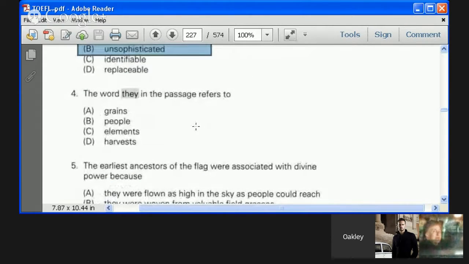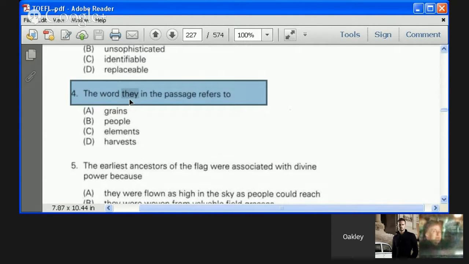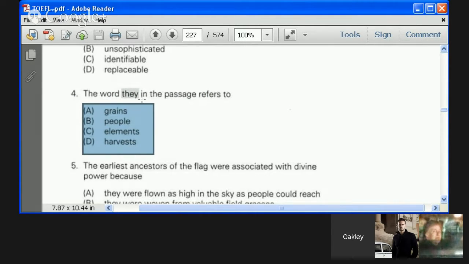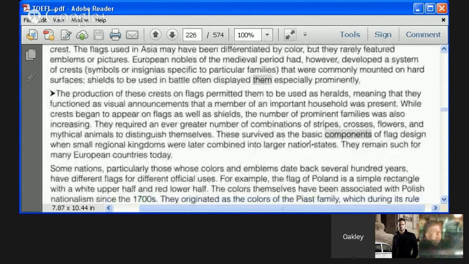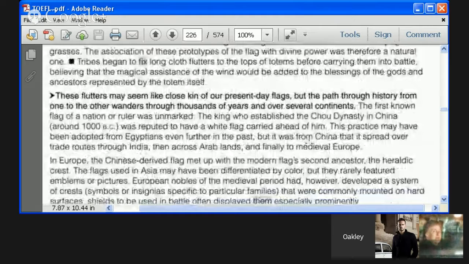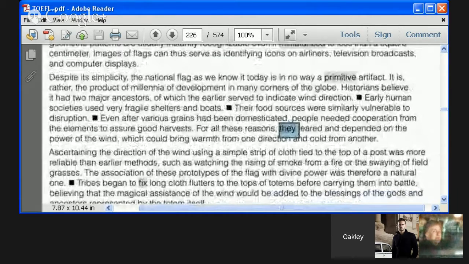Here's another type of question which we actually have not covered yet. So let's see if we can do this real quick before the class ends. Now, we have no way of guessing what it means because it's just "they." The word "they" refers to what? Okay, where is "they"? Obviously, you have to read before the question, as I mentioned before.